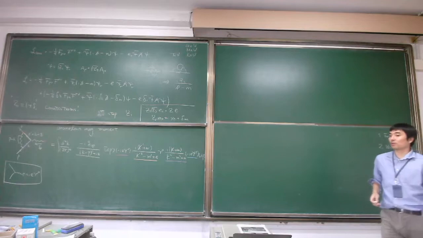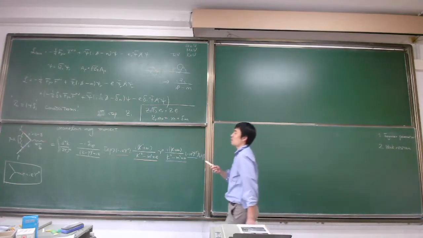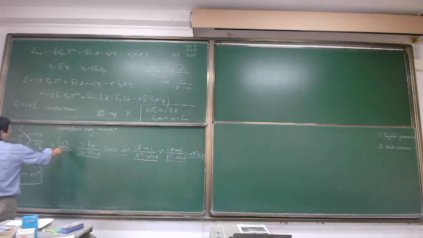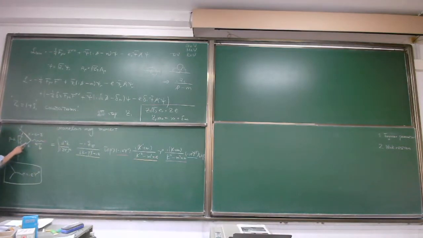Schematically, k is the momentum of this internal Feynman Dirac field.